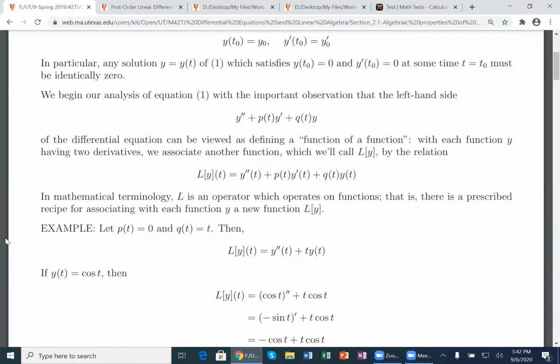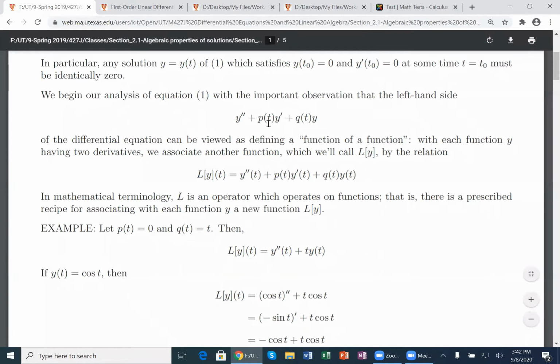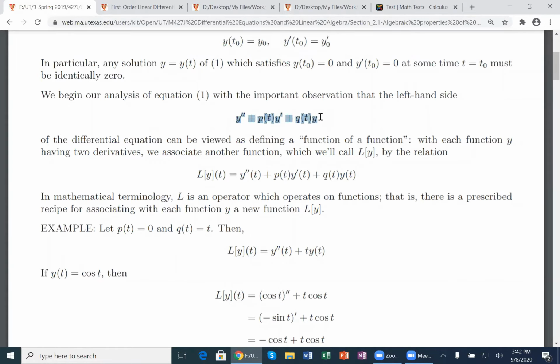So we will be given P of t, Q of t, and y of t? Yes, so P of t should be given, Q of t should be given, y should be given. But once again, this is not the only example of an operator. Let me give you a very simple example of an operator.